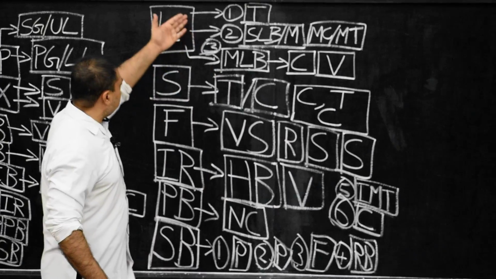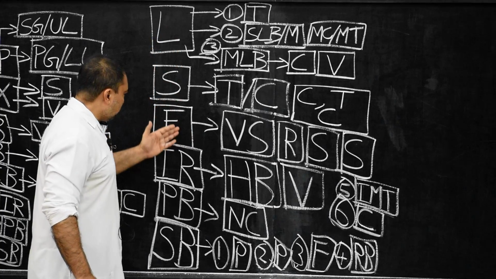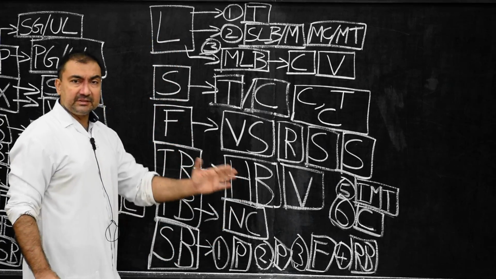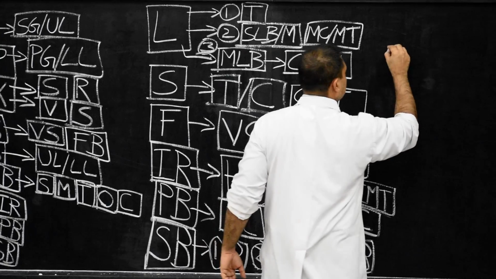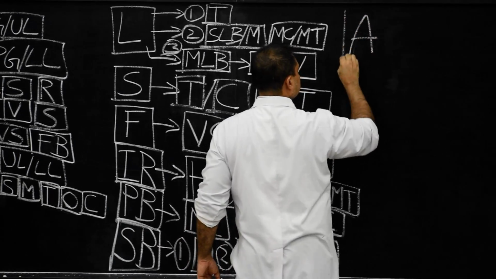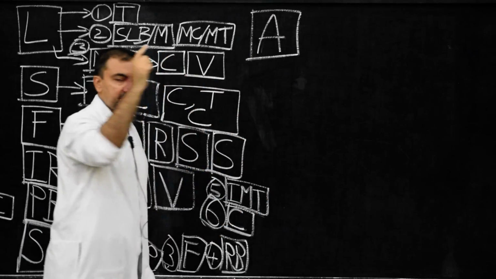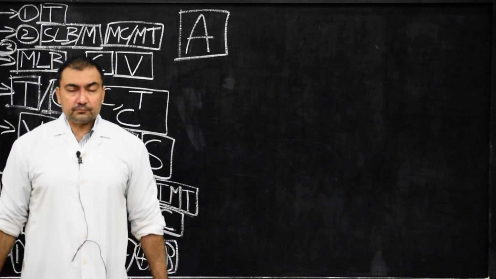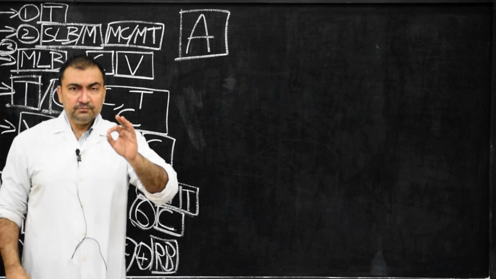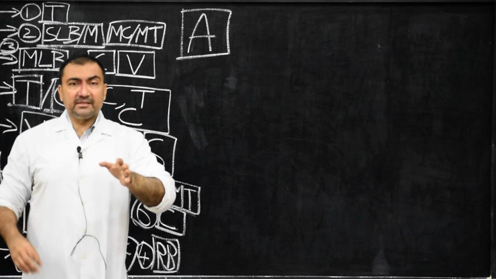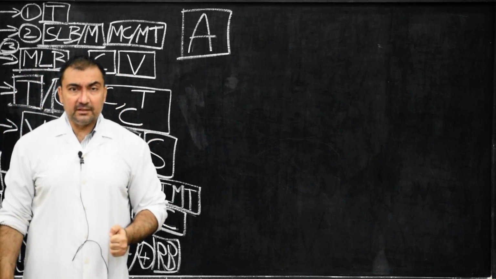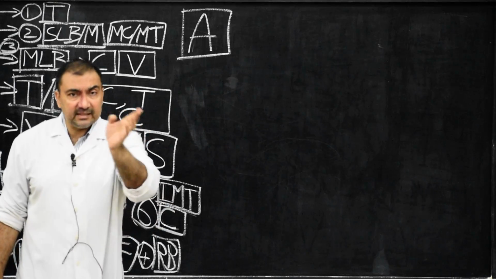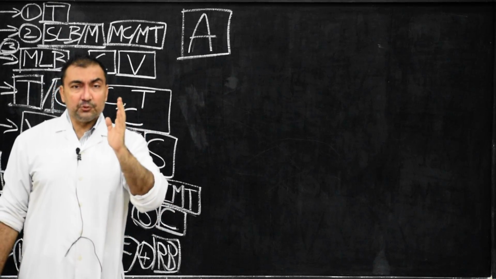And now, after finishing long bones, short bones, flat bones, irregular bones, pneumatic bones, sesamoid bones, the last category we come to is accessory bones. Please note down, they are present usually in the region of the skull, as sutural bones.